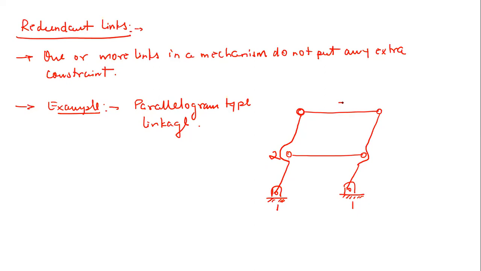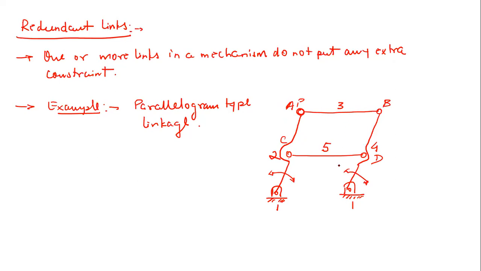And this is your link 3, this is your link 4. This entire link is your link 4. Now the link 2 and the link 4, in the middle they are connected by one more link, which is link 5, right? So now just try to understand here. Let me name this as AB. Okay, so now here let us say the input link is 2, the output link is 4.